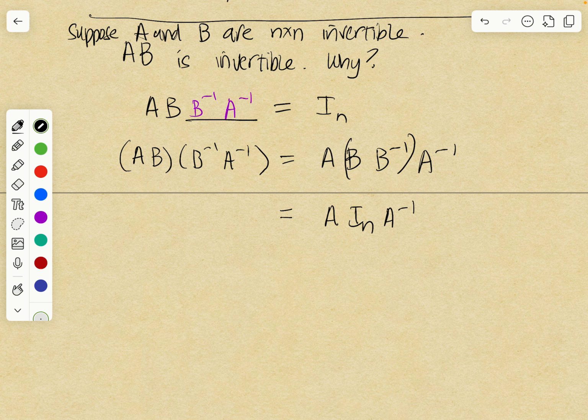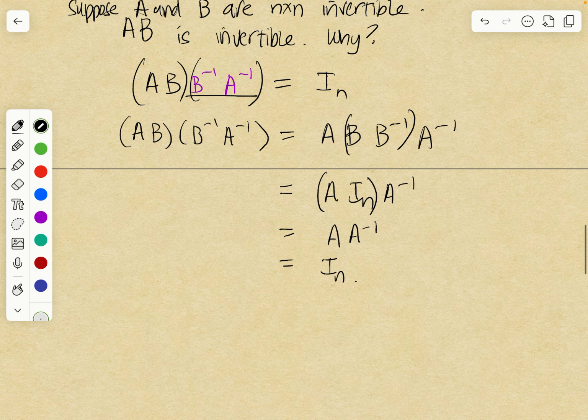Well, what's A times the identity matrix? That's going to be A, right? When you multiply any matrix by the identity matrix, you just get that same matrix. So I get A times A inverse, and this is equal, again by definition, to the identity matrix. So if I take this matrix AB and multiply by B inverse A inverse, I get the n by n identity matrix. And so what that means is the inverse of AB is B inverse A inverse.